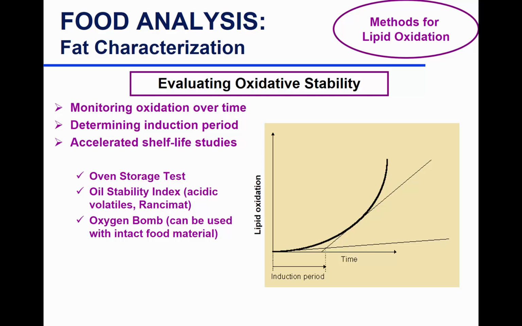And why would you want to store to determine oxidative stability? This is usually used to determine something we call the induction period. That means the period before the oxidation starts. So kind of like your shelf life, really, before the onset of oxidation.